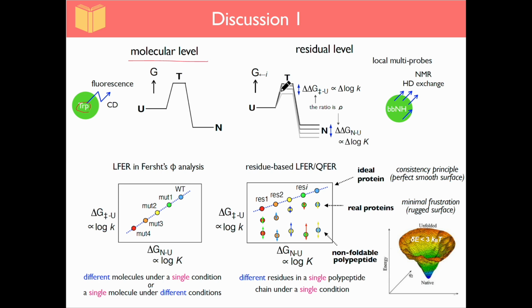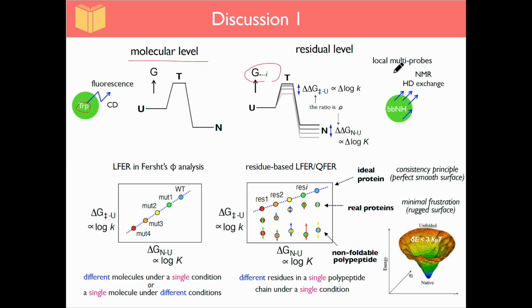In contrast, our residue level observation should be used when using local multiprobes. So, for example, we use a backbone amide proton observed by NMR, or indirectly hydrogen-deuterium exchange can be used to monitor the exposure of the backbone NH group.